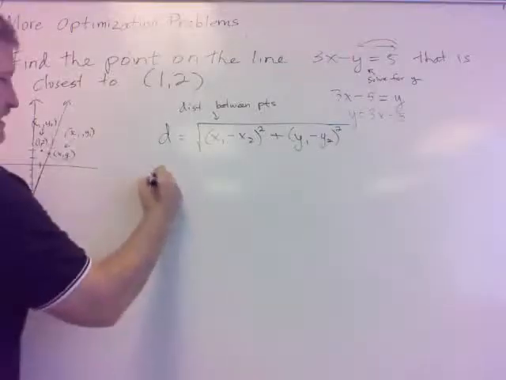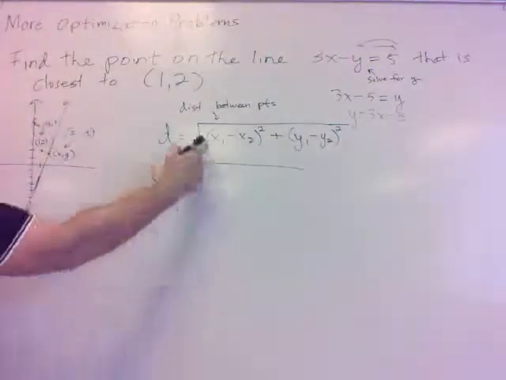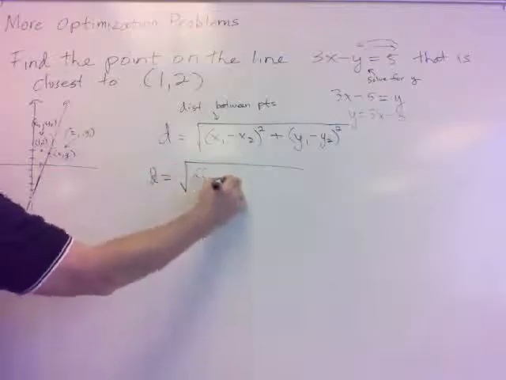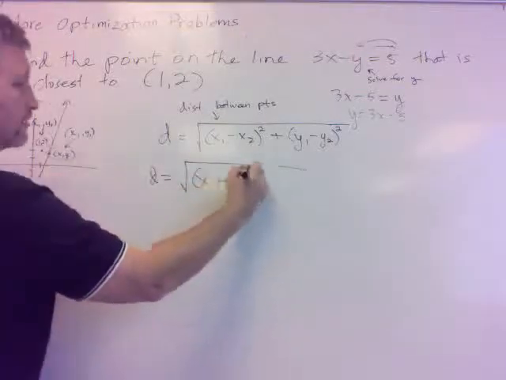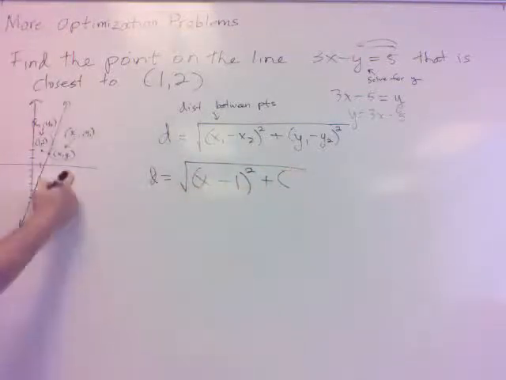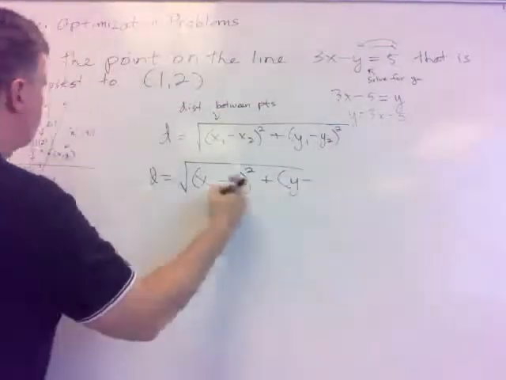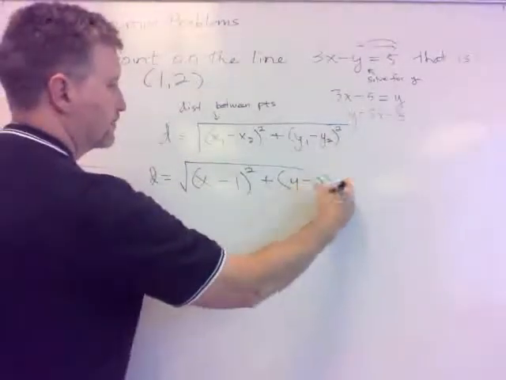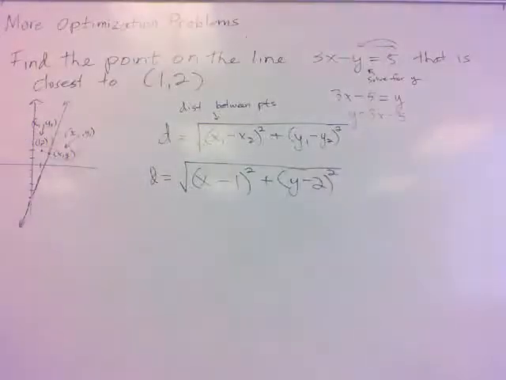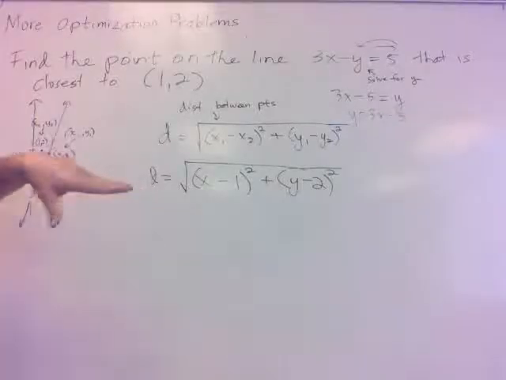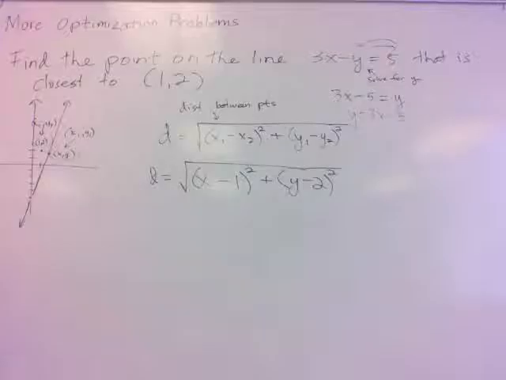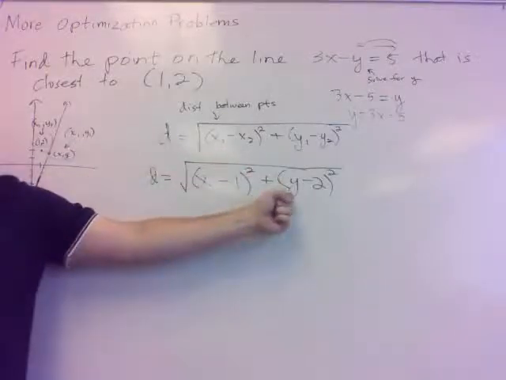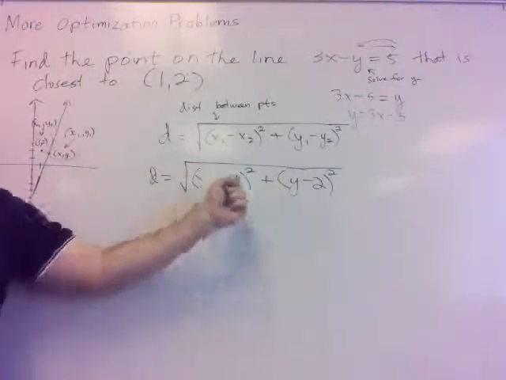So that would mean d equals the square root of x1, so that's just going to be x, minus x2, which is 1, squared, plus y1, which is y, minus 2, squared. Is this okay so far? Well, again, I want to minimize that, which is the square root. The only problem is I've got a y also with an x, so I need to get rid of the y.